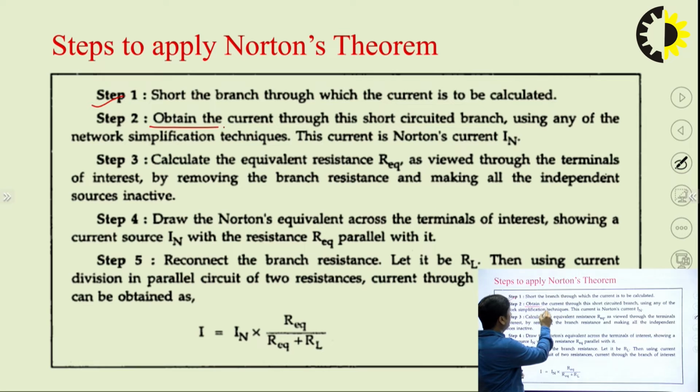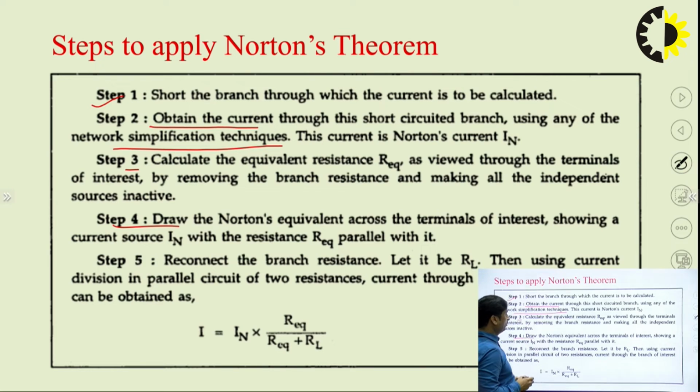Second is to obtain the current through this short circuit branch using any simplification technique; this is the value of current called IN. In step 3, we calculate the equivalent resistance, as we have done in the case of Thevenin's theorem.